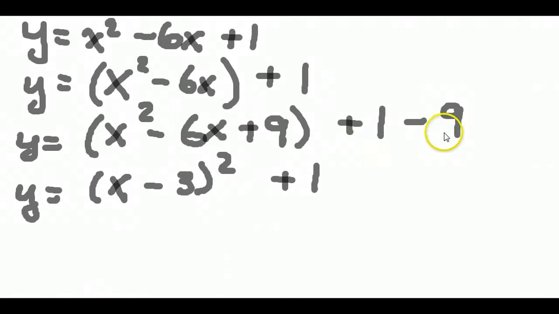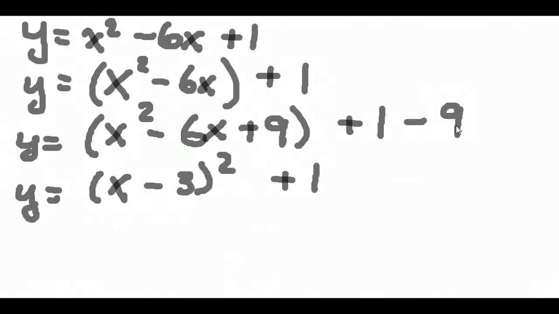Right, now I forgot the minus 9, because you added 9 to that first section in the parentheses, but you can't change it, so you have to do a minus 9 at the end. So you're right there. So let me read it again. So you should have y equals (x squared minus 6x plus 9) plus 1 minus 9.